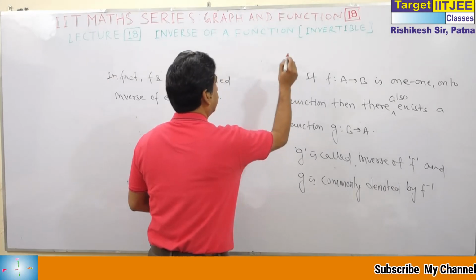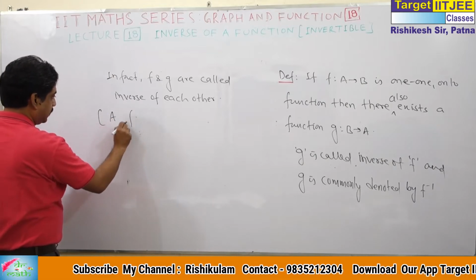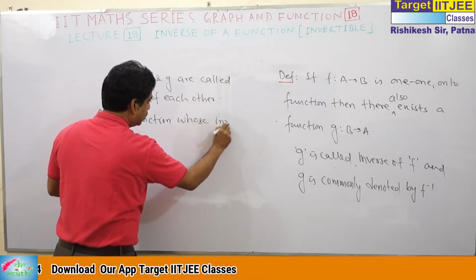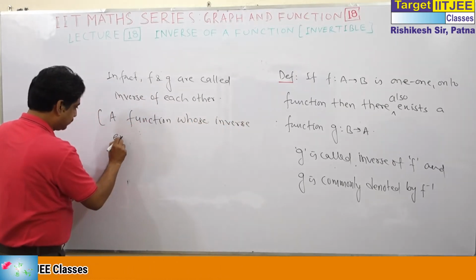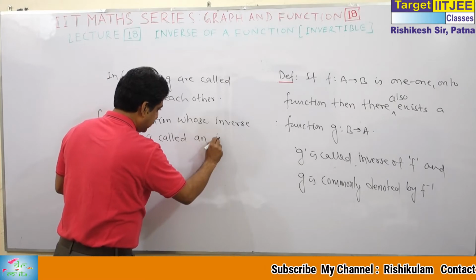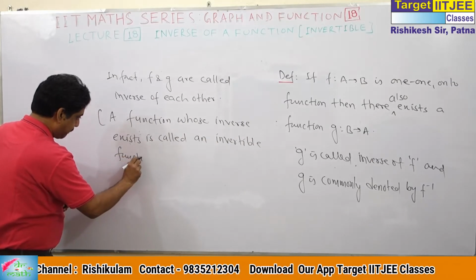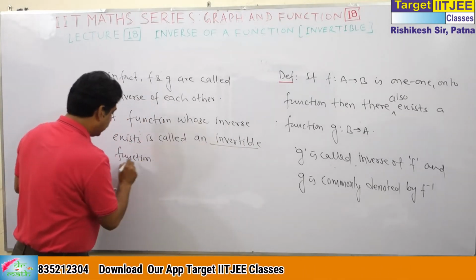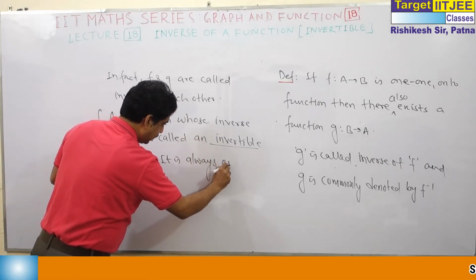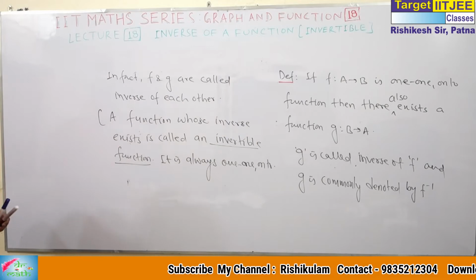This is the definition of the inverse function. What does an invertible function mean? A function whose inverse exists is called an invertible function. It is always one-one onto.